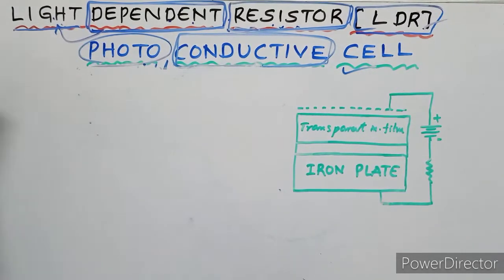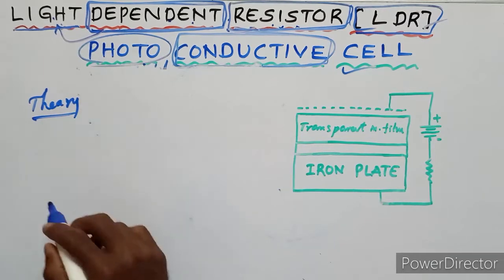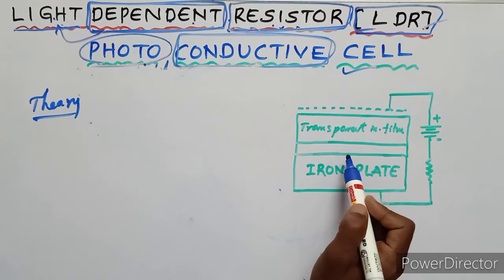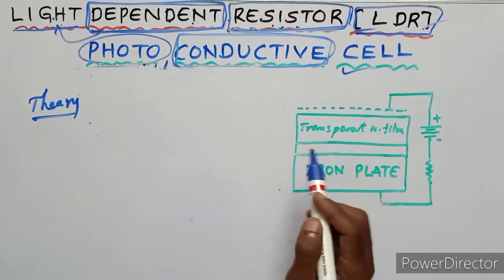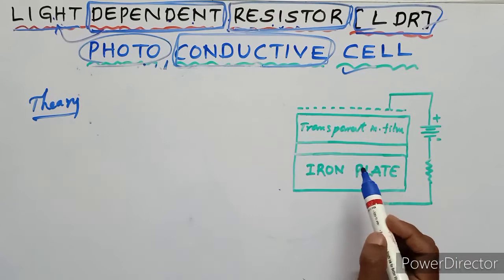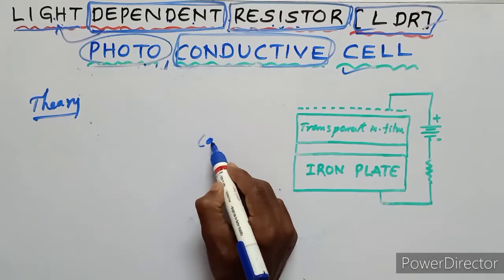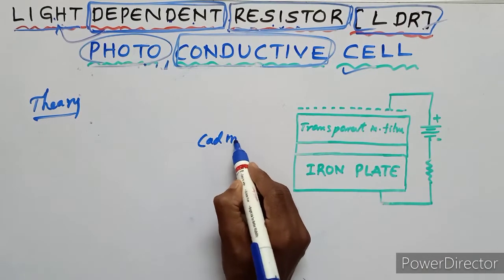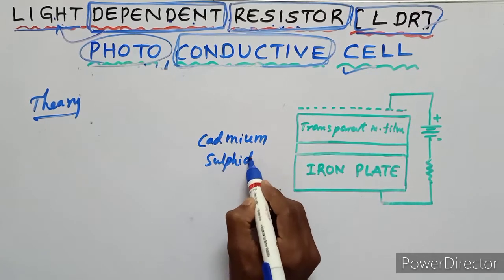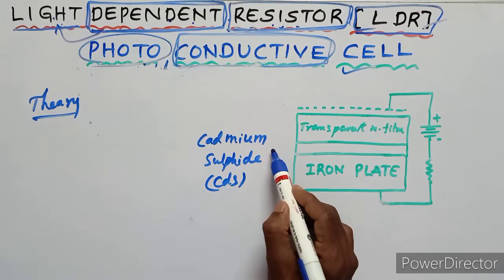Next, theory. When light falls on the material, so this is the iron plate. Then on the iron plate, cadmium sulfide, that is CdS, is deposited.